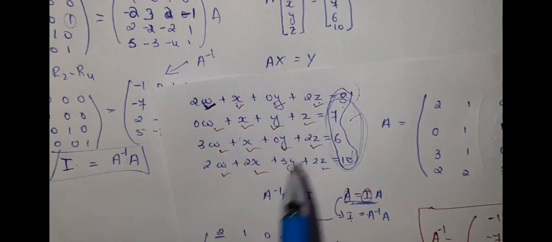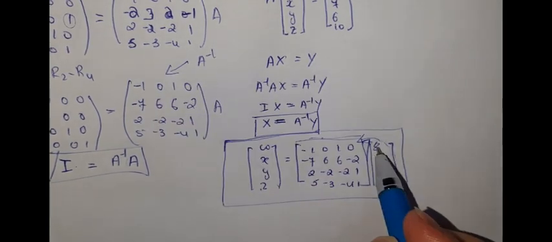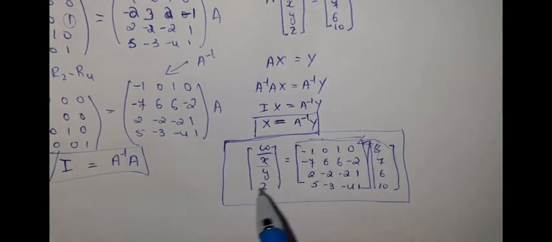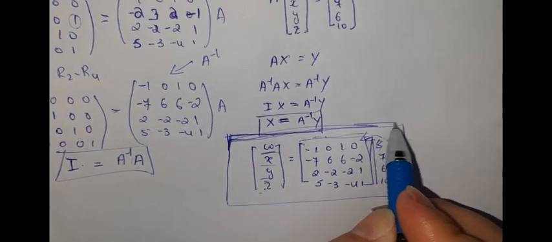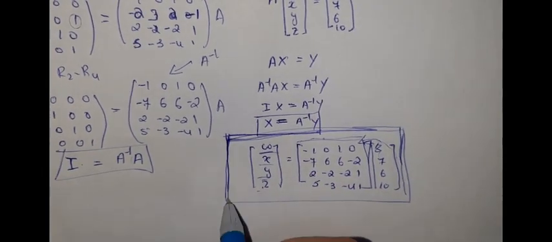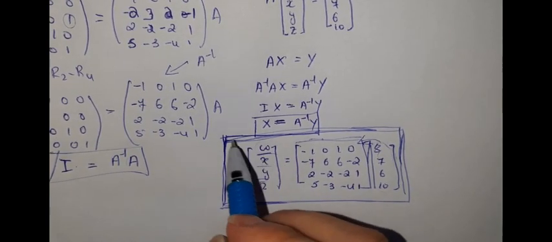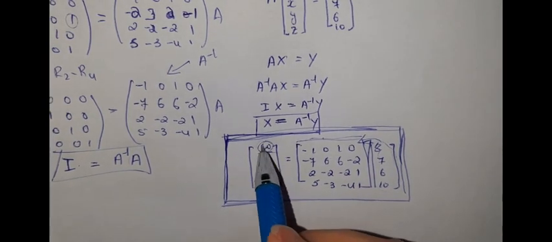You don't have to solve every time, just put the value here. If you want to change it to 3 4 5 6, it will give the value of this one. So this is the basis on which computers work. Inside the computer, in the software, whenever you give data like x y z, any equations like this, you will get the value directly here.